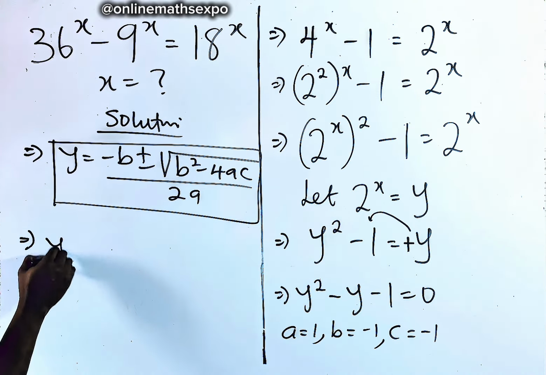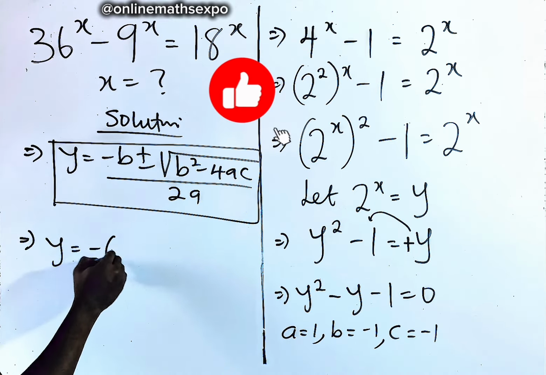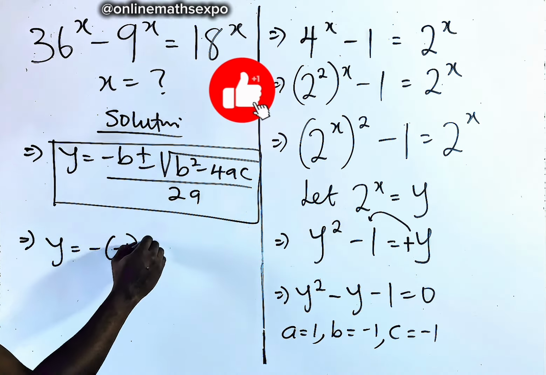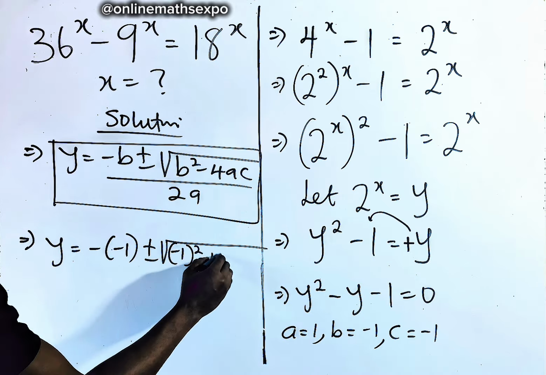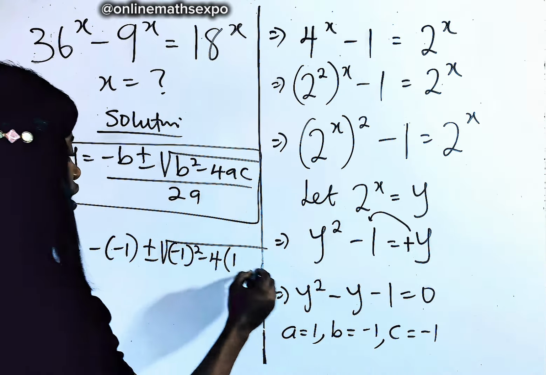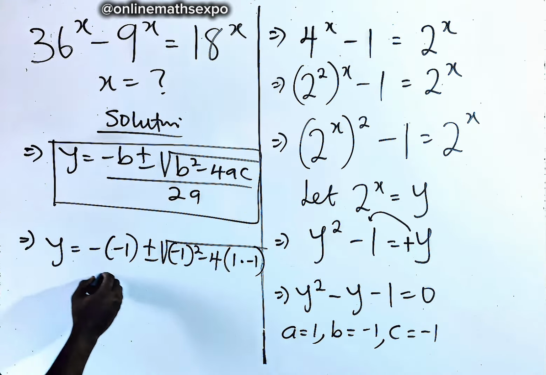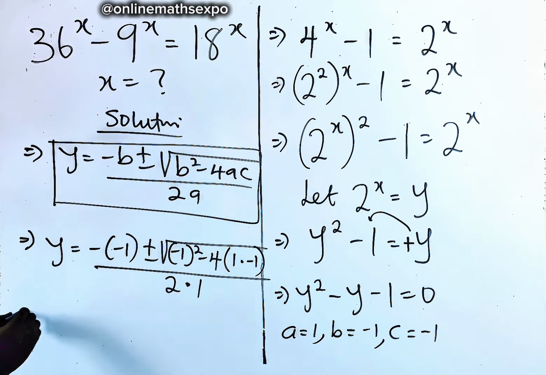We have y is negative of, our b is negative, so it's negative of negative 1, plus or minus the square root of negative 1 squared minus 4, where our a is 1 and our c is negative 1, divided by 2 times 1. So we keep solving.